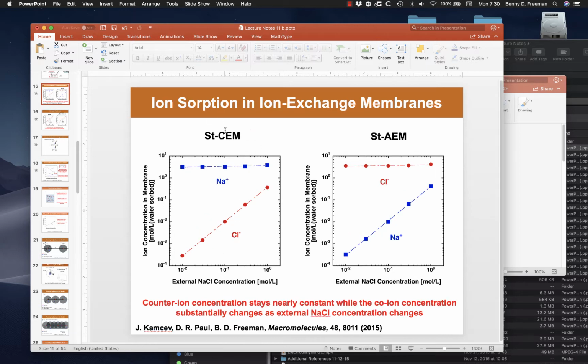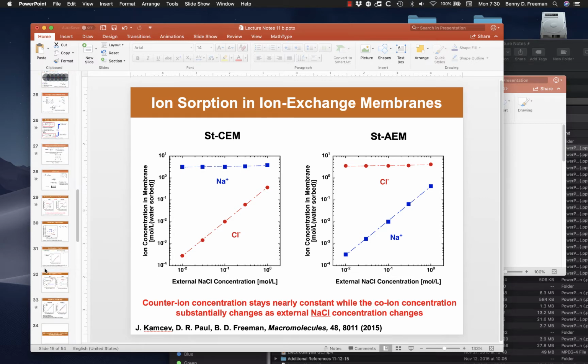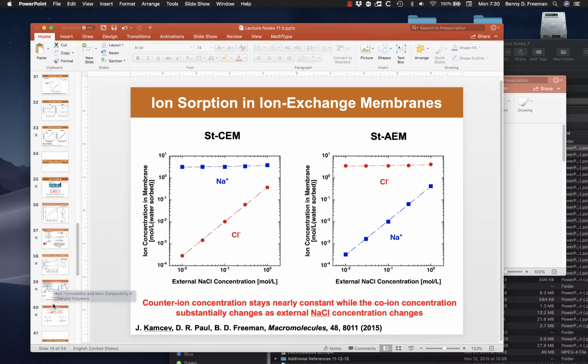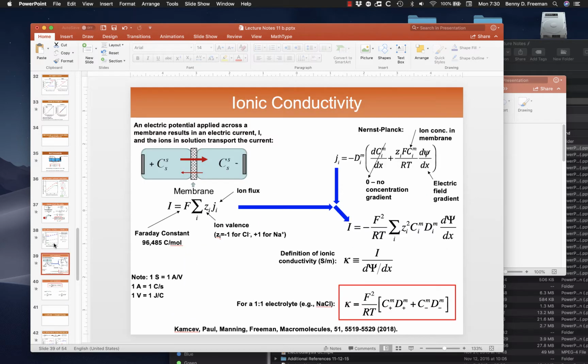In a cation exchange membrane, the concentration of cations in that membrane is enormously larger than the concentration of anions. And that has a real consequence for these diffusion coefficients.